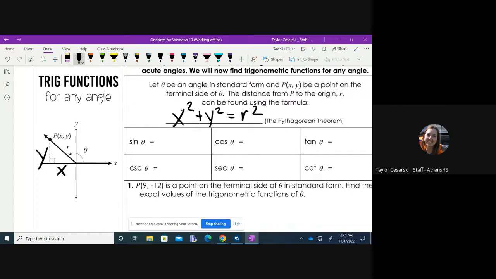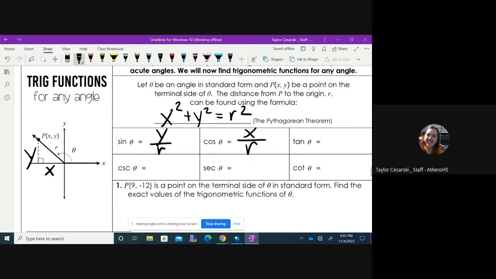So we're just going to do the same thing here. Sine is opposite over hypotenuse, which is my radius. Cosine is adjacent over hypotenuse, and tangent is opposite over adjacent. That is y over x. And then these are just the reciprocals.